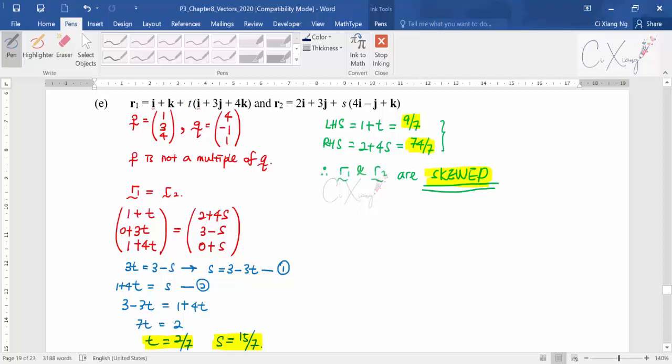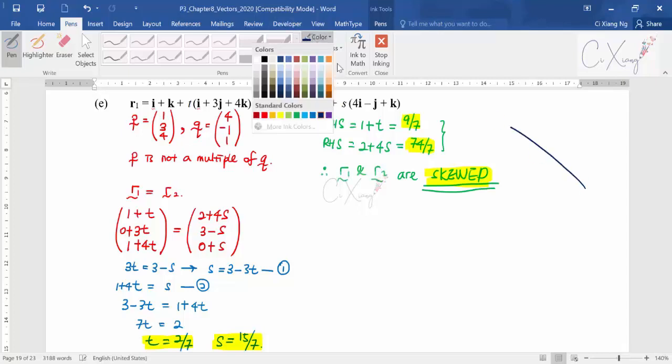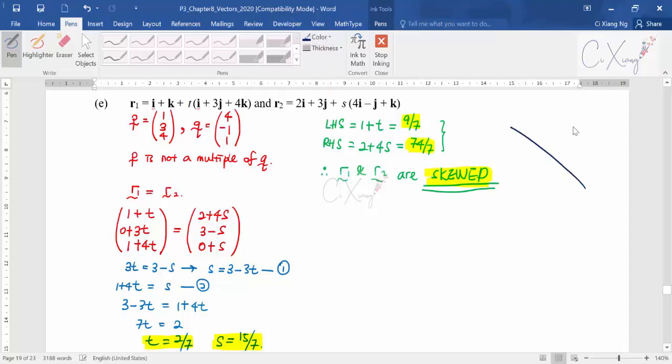Like this one, let's say this is line number 1 and this is line number 2, but they are on different planes. If you see from this side, you can still see the angle between them. It's very hard for me to draw it out here because I'm not good at drawing. But generally it is the angle that we see from one of the sides to view the skewed lines.